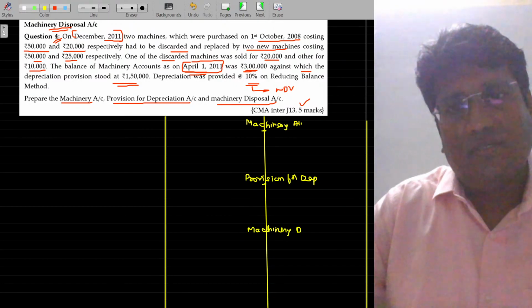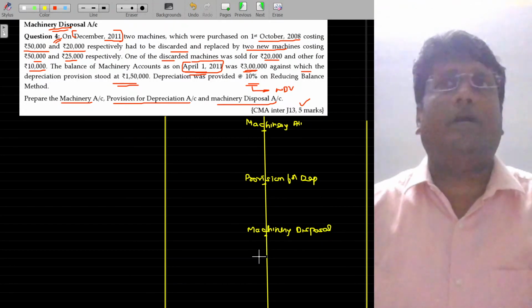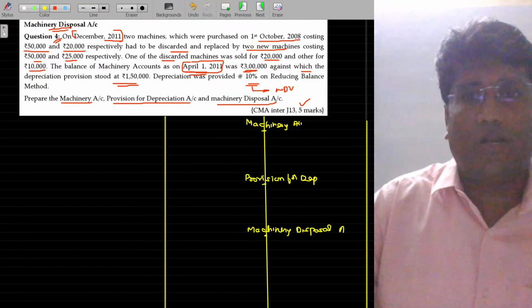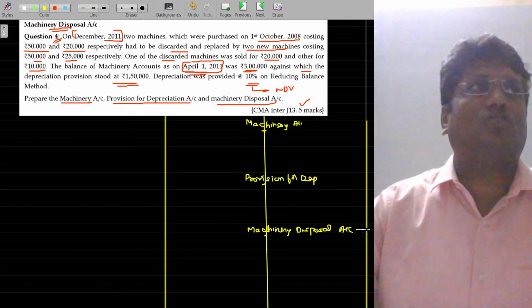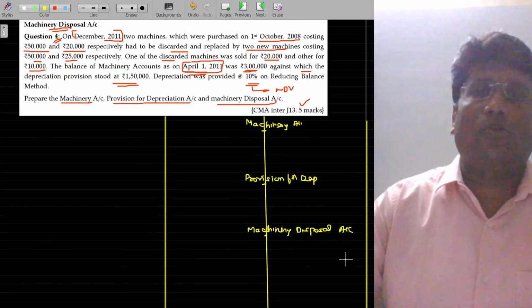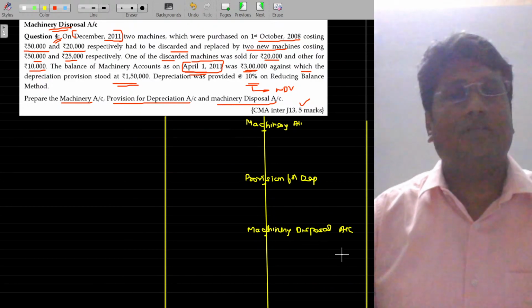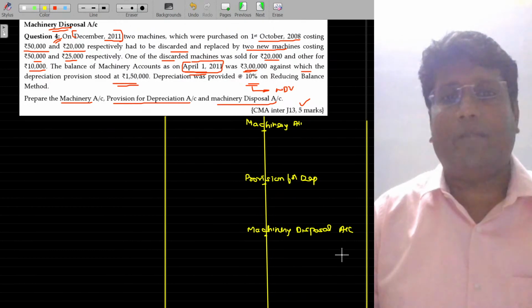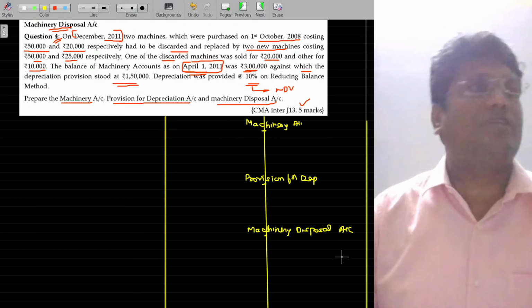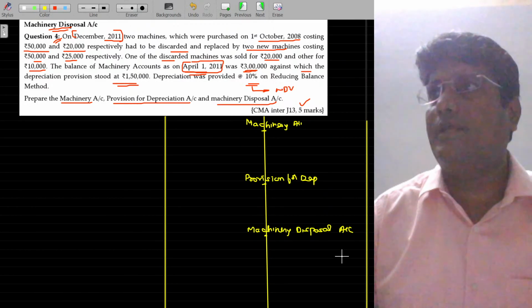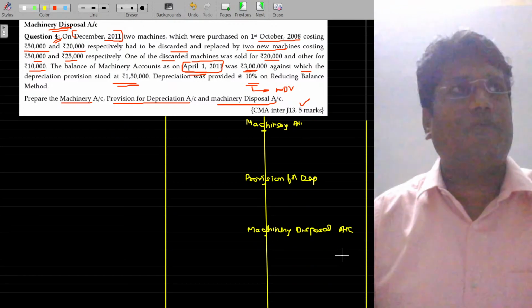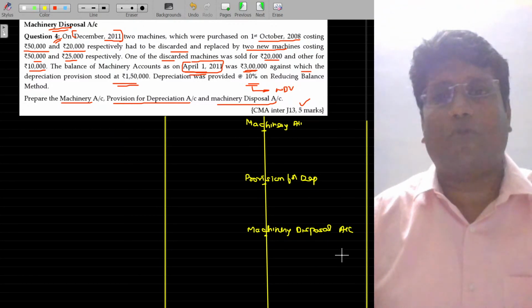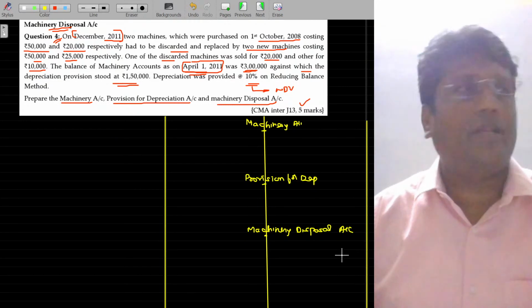So in this case, the asset sold or disposed is routed through the machinery disposal account. Okay, you have to understand. Whenever any asset is sold and it is routed through the machinery disposal account, the value of the asset sold will be transferred from the concerned asset account to the machinery disposal account. And accumulated provision should also be transferred from the provision for depreciation to the machinery disposal account.